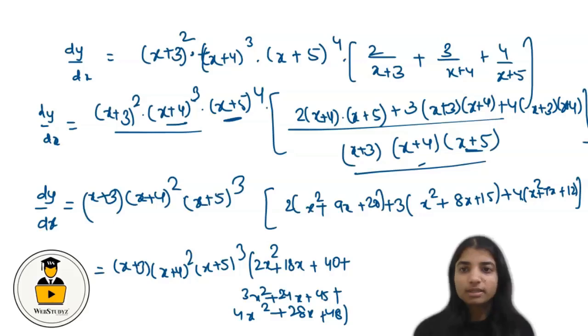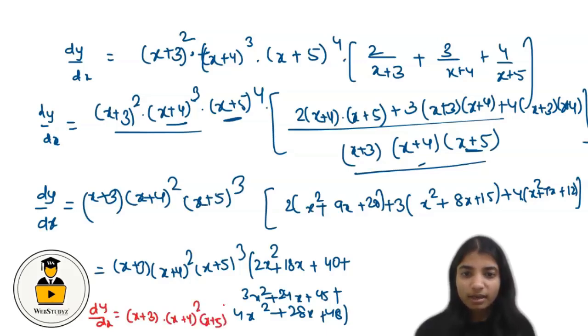So further simplifying this term, we get the value of dy divided by dx, that from here becomes equal to x plus 3 multiplied by x plus 4 raised to the power 2 multiplied by x plus 5 raised to the power 3, which is multiplied by 9x raised to the power 2 plus 70x plus 133.